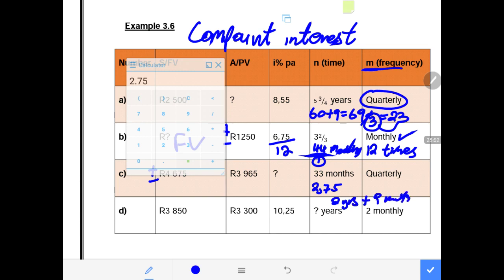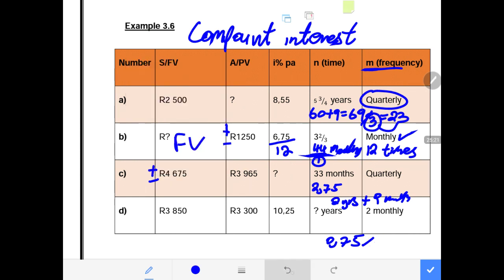We know that 0.75 times 12 is equal to 9 months, just to verify. 0.75 multiplied by 12, we see that it is 9 months. So guys, I want you to master all this very much in terms of the rounding off and the conversion of months into years. So we have 2.75 years, which is 33 months.